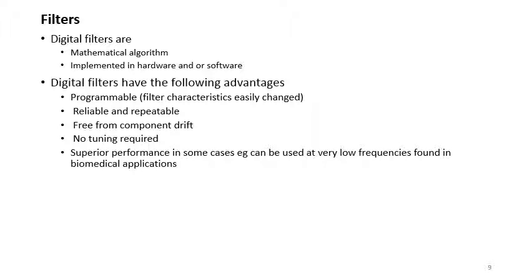Digital filters have advantages over analog filters, so let me give you a brief comparison of the two. Digital filters are programmable. That means we can change the characteristics of the filters very easily. We don't have to replace components, we just need to rewrite the program.